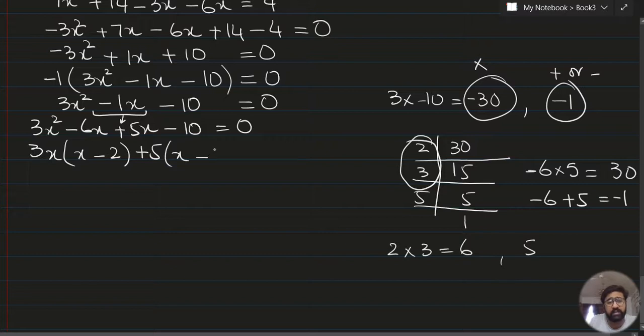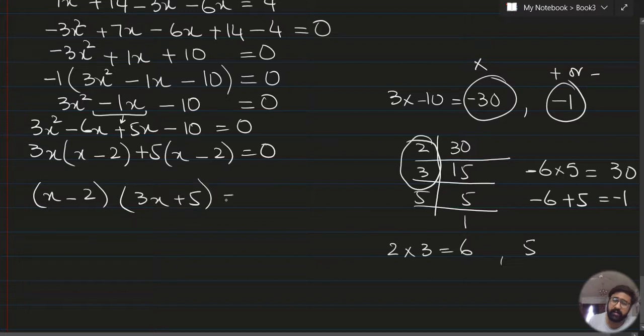So x minus 2 is equal to 0. The same brackets are to be written once, and the remaining terms in the other bracket. So this gives us x minus 2 is equal to 0 and 3x plus 5 is equal to 0.